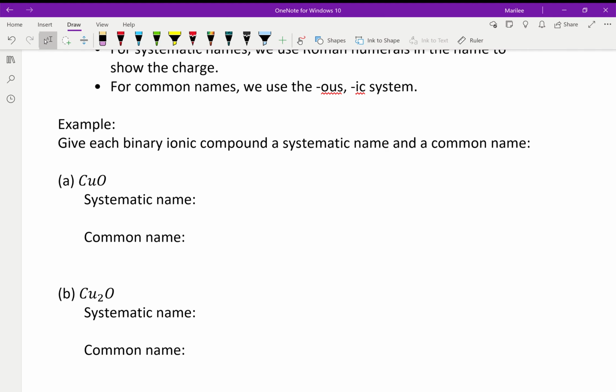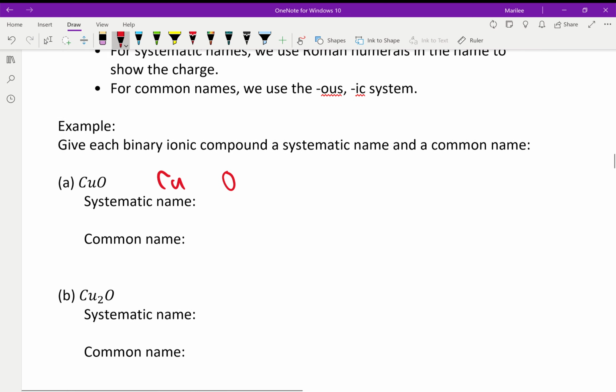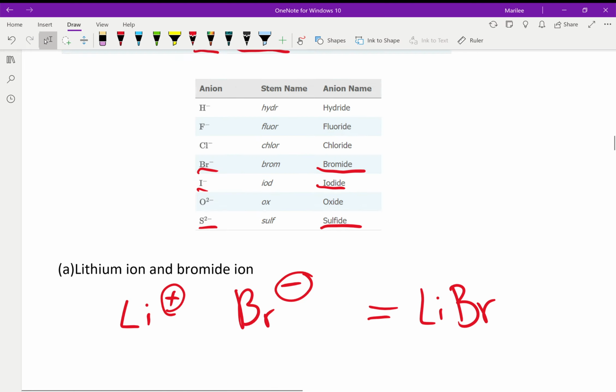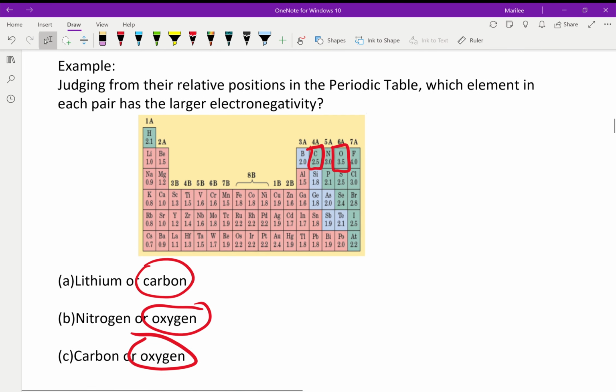So CuO is copper and oxygen. The systematic name for CuO, so copper, Cu, and oxygen. Oxygen, if we look on the periodic table, I don't know why I didn't copy and paste one there.